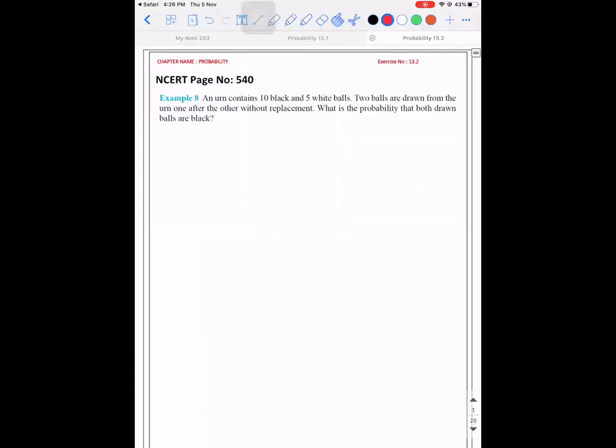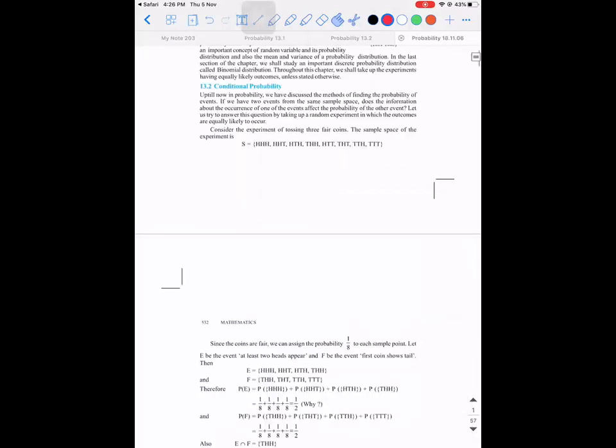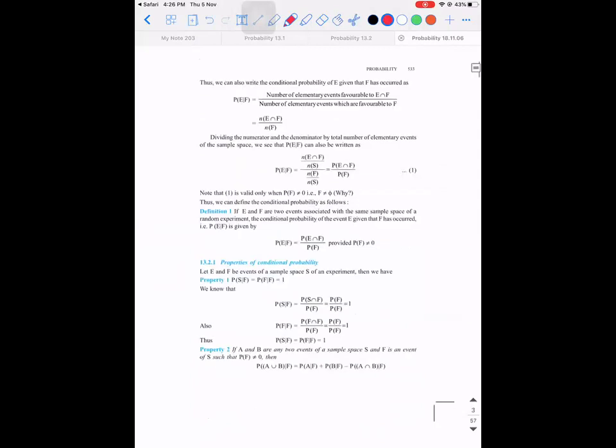Just a minute, guys. So we have seen conditional probability. This is done. And we have solved all the problems which are based on it.